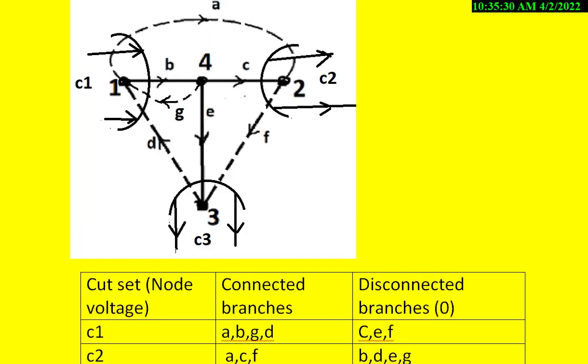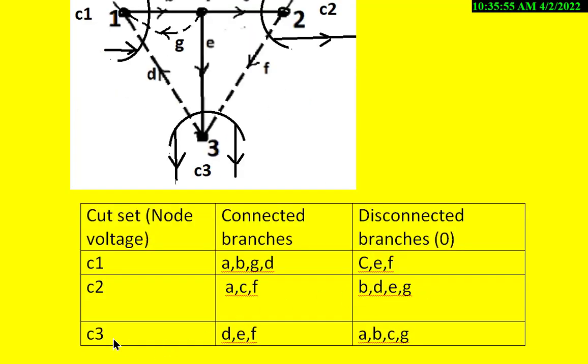Before we write the cut set matrix, form a table for cut set 1, the elements connected, and similarly the elements disconnected to cut set 1. Similarly, for cut set 2 also, identify the branches connected and the branches disconnected to cut set 2. Similarly, for cut set 3, the elements connected and the elements disconnected.